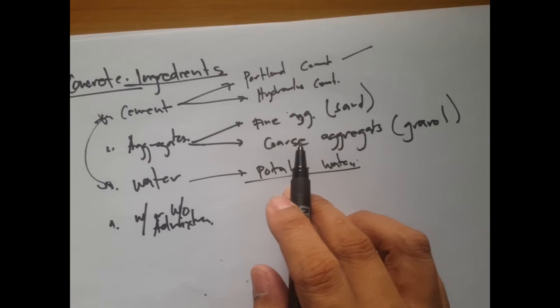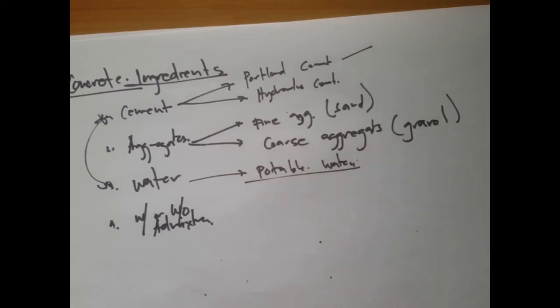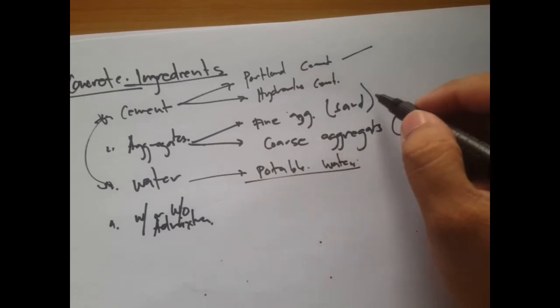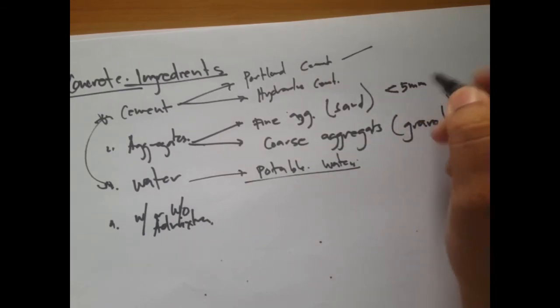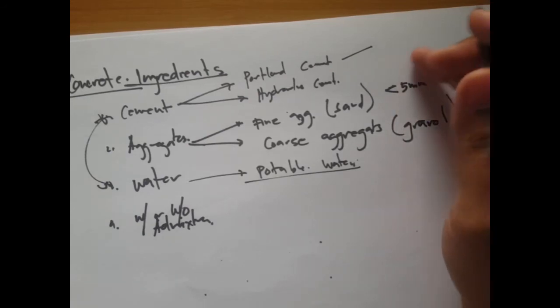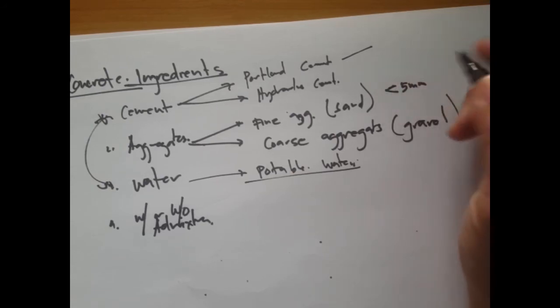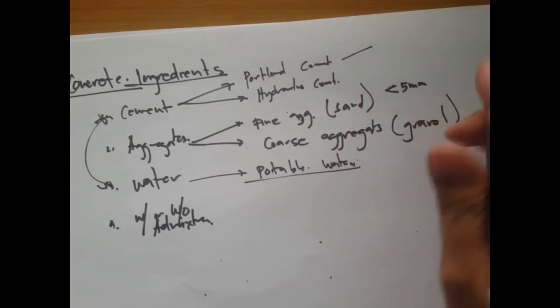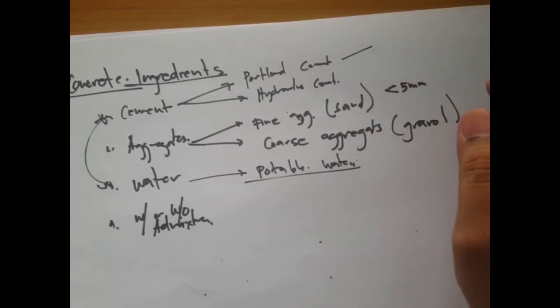Then for the aggregates, we have fine and coarse aggregates. Sand is actually less than 5 mm. This depends upon the standard organizations that are being followed. For us here, we'll just use less than 5 mm as sand.